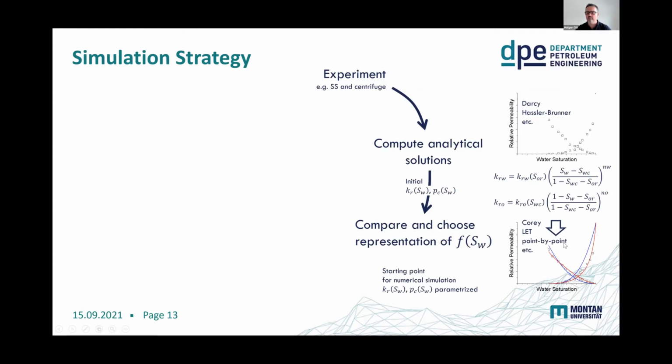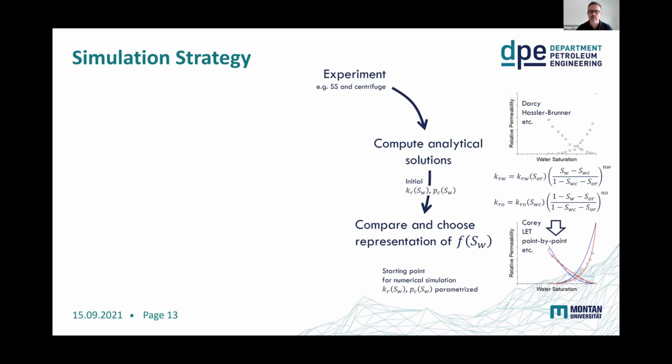And here I have also point by point, which I will mention a little bit later. With this, we compare the experimental data or the analytical solutions to these representations, and then we decide which one we are going with. This means we have a good starting point for the numerical simulation, having chosen a parameterization.